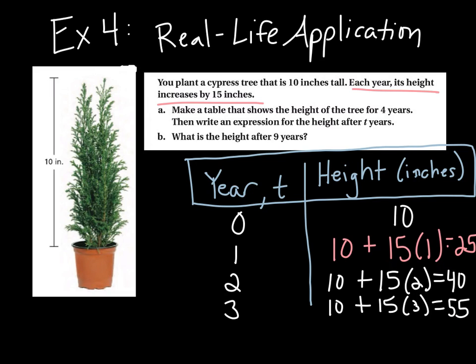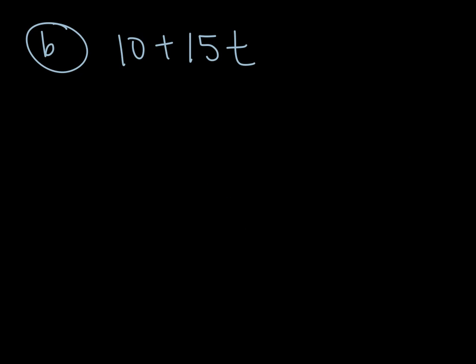So this would be a table, and if we look at it that way, our expression then could be written as 10 plus 15 times t would be the expression here. And for letter B, it asks us to evaluate and figure out what the height would be after 9 years.